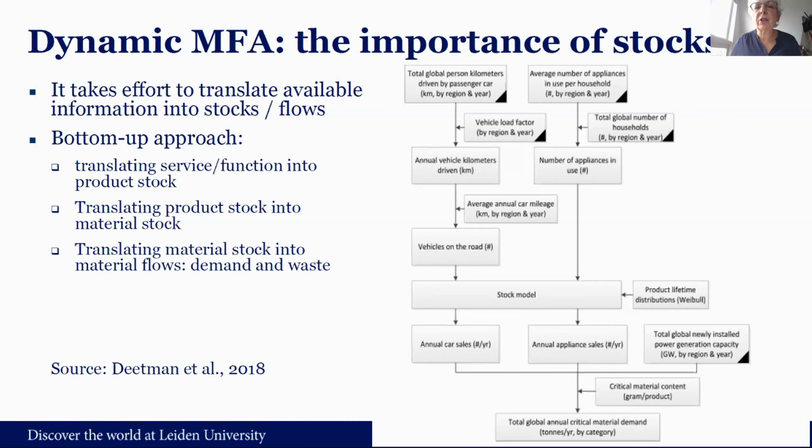We have data on person kilometers, and that needs to be translated into the car fleet, the stock of cars that are actually there. Then the next step is to translate that in material terms, so how much materials are embedded in that stock of cars. And then finally, that is again translated with the help of things like lifespans in terms of waste flows and sales, car sales, so the demand and the waste.